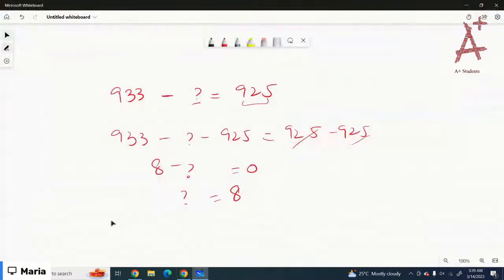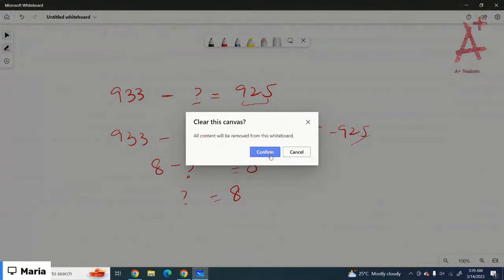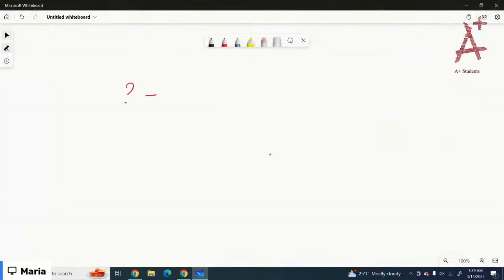The missing number minus 4 equals 712. So the greater number is missing. Got it? Add 4 to both sides, because the opposite of subtraction is addition. 4 minus 4 is 0 and 712 plus 4 equals 716.